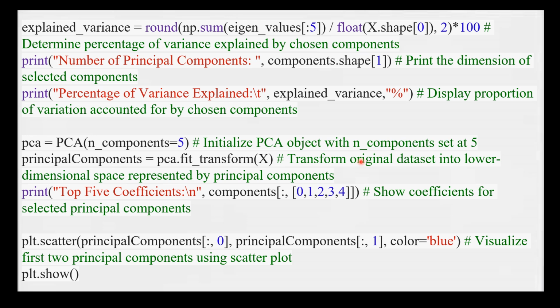Using this initialized PCA object, we transform our original dataset into the new representation using its top 5 principal components. And finally, we visualize the results between these newly calculated principal components through a scatter plot. This process is called principal component analysis, and it allows us to simplify complex multidimensional data sets.